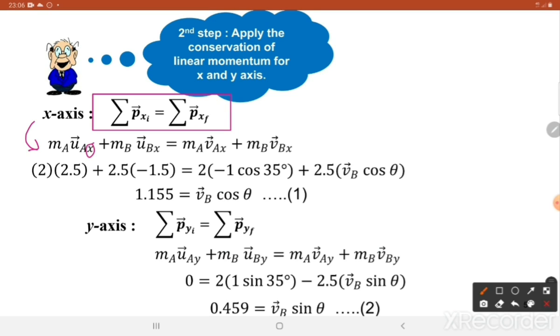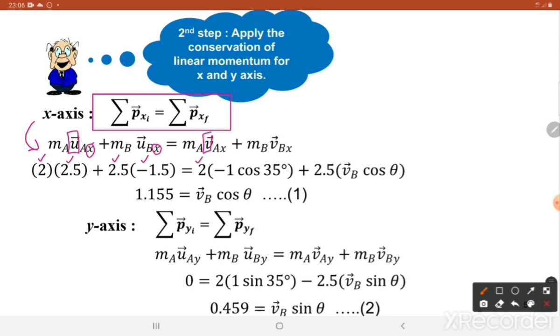Don't forget to put the subscript X, especially for symbol U and also symbol V. Plus MBUBX is equal to MAVAX plus MBVBX. And then substitute the value of MA, which is 2 kilogram, UAX is 2.5, MB 2.5 kilogram, UBX is negative 1.5 meter per second because ball B is directed to the left.